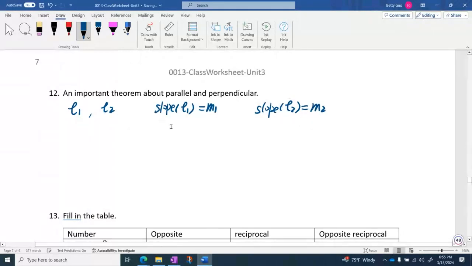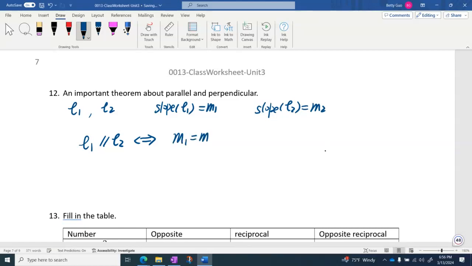We use M1 to represent the slope of L1 and M2 to represent the slope of L2. That's something we need to take care of notation-wise. Here comes the conclusion: L1 is parallel to L2 if and only if M1 equals M2. I'll explain later. That's the first conclusion.